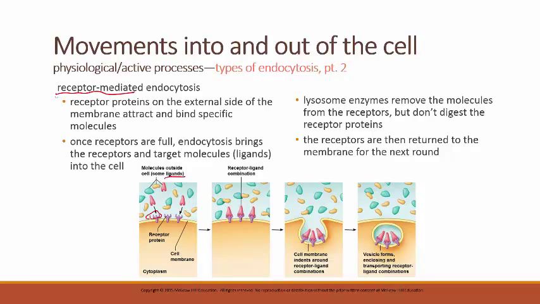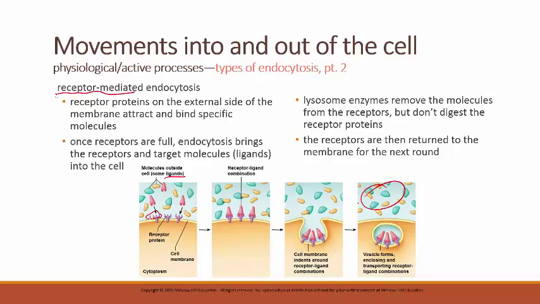That stretch of the cell membrane that has the receptor-ligand complex attached will do endocytosis. So now we bring in a little vesicle that contains exactly what we want and leaves outside of the cell the stuff that we don't care about having inside the cell. So this receptor-mediated endocytosis allows the cell to very specifically target the molecules that it would like to bring into the cell.